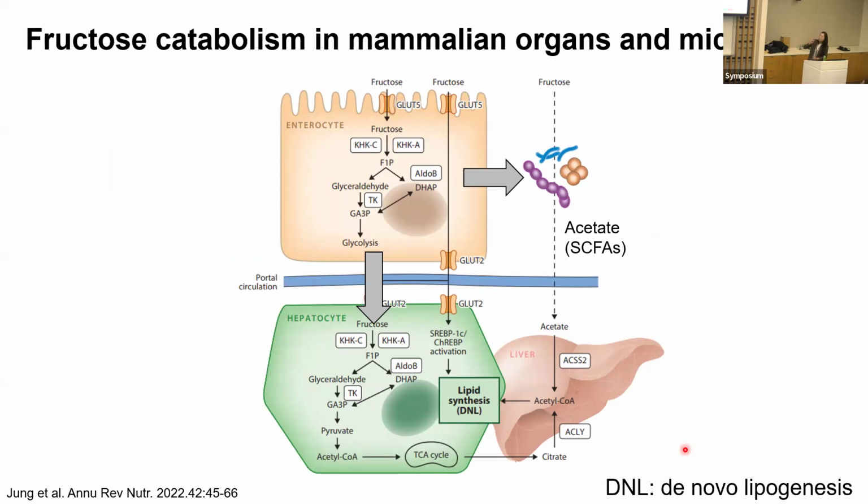When we drink soda, fructose can be catabolized by the intestine, and excessive fructose can spill over to the colon microbiome, which produces a lot of short-chain fatty acids. Once fructose reaches the liver, it acts like a transcriptional activator for lipid synthesis, which is de novo lipogenesis. The short-chain fatty acid, mostly acetate, can also contribute to this hepatic lipid synthesis.